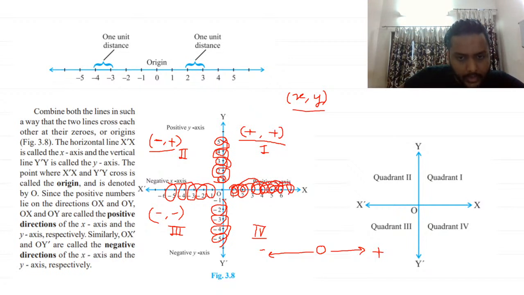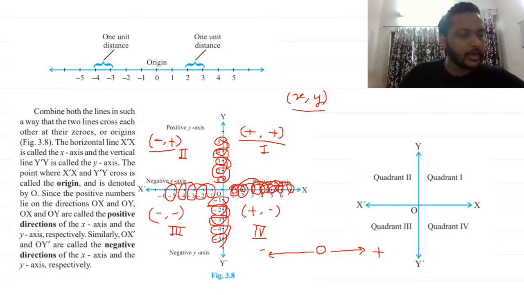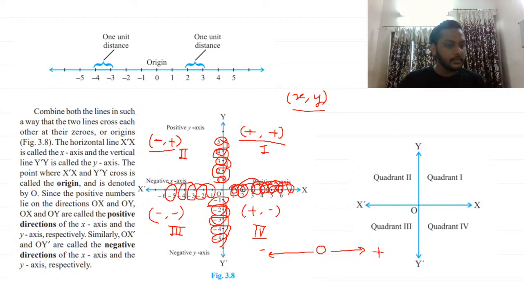And this is your y. If you see, your x is positive, plus, but in the fourth quadrant your y will be -1, -2, -3, which means y is negative. And that is why we say that in the fourth quadrant we have x as positive and y as negative. Now is it making sense, everyone?